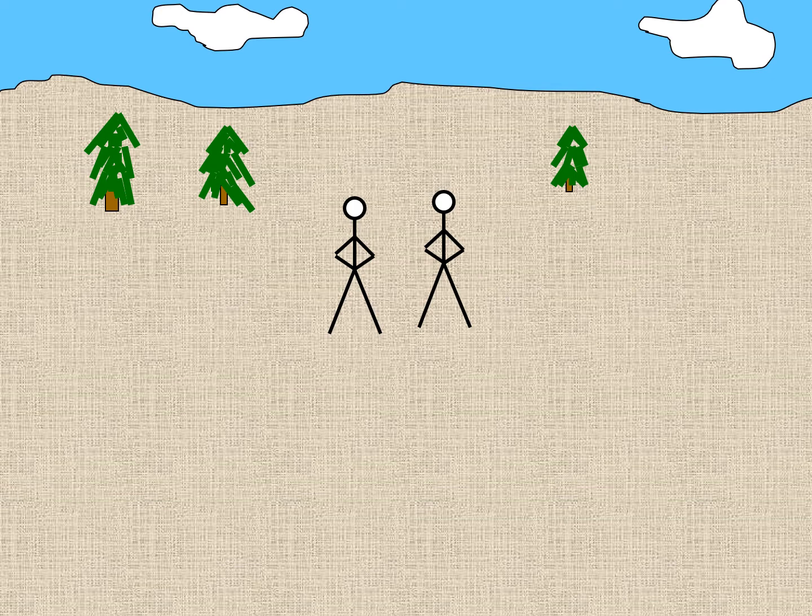So they stand here on the savannah with pines, but okay. They stand here having a chat, and then we have a look at what happens. Okay? You're warned. Let's have a look.